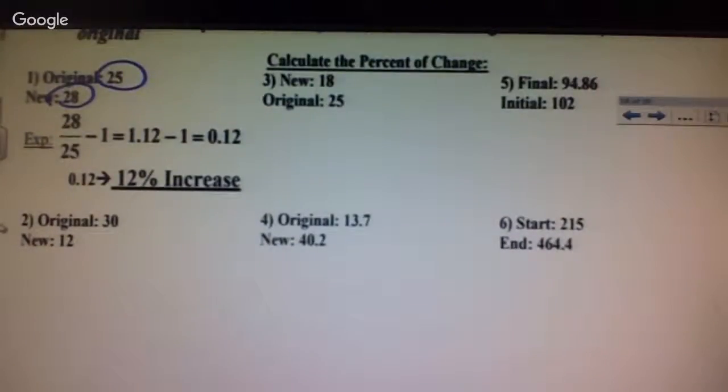Okay, so take a look at number 2. It's directly below that one. My original is 30. My new price is 12. So is that an increase or a decrease? Decrease. It's on sale. So how much is it on sale? Your new price, which is 12, divided by 30, minus 1.